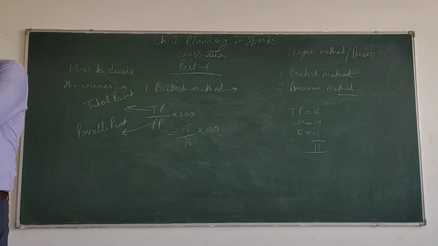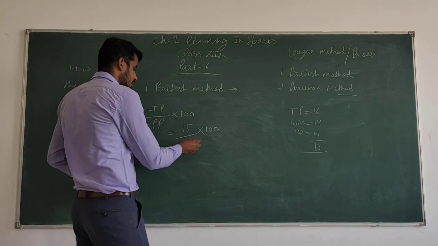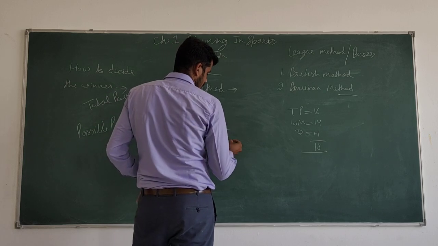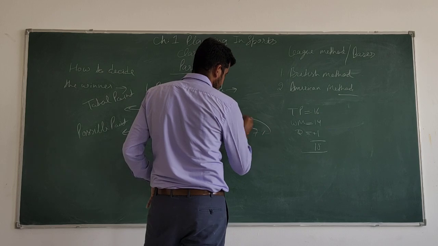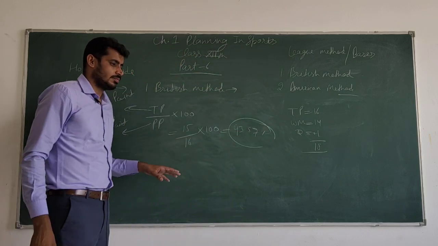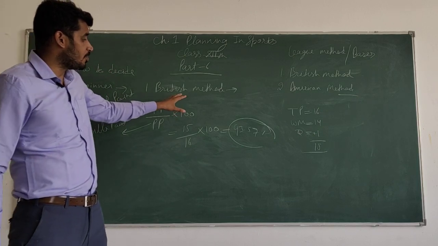Now we have to solve this. After solving this, an answer of about 93.75% will be there, you will do it on your own. So it is the British method.